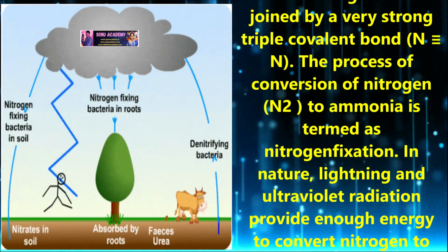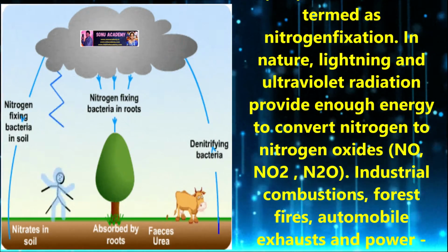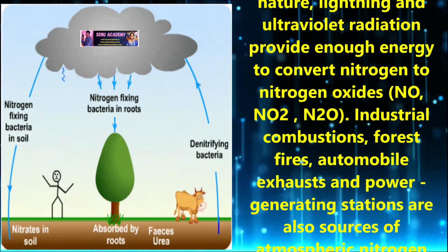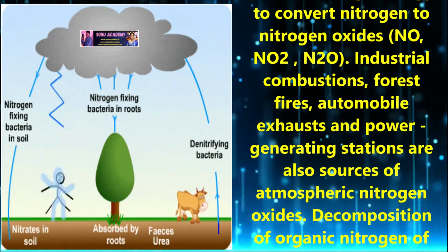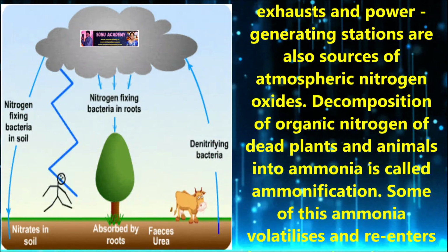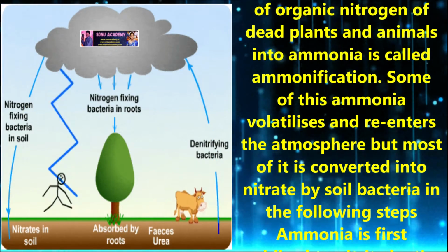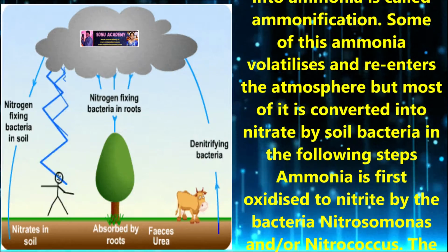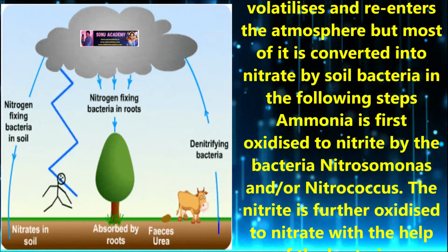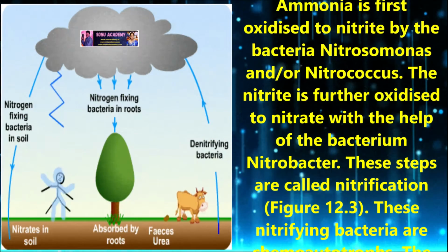Ammonia is first oxidized to nitrite by the bacteria Nitrosomonas and Nitrococcus. The nitrite is further oxidized to nitrate with the help of the bacterium Nitrobacter. These steps are called nitrification. These nitrifying bacteria are chemoautotrophs. The nitrate thus formed is absorbed by the plants and transported to the leaves.